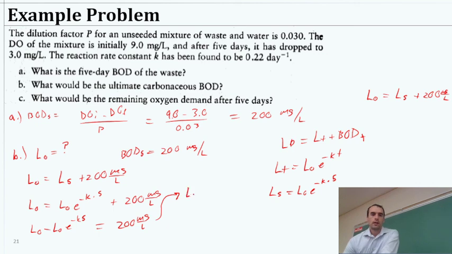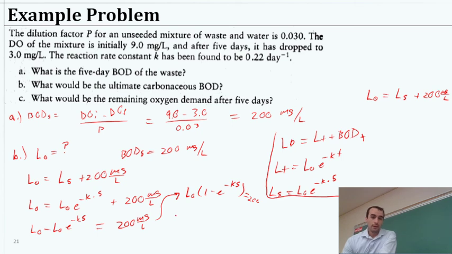So we can factor out the L naught to say 1 minus e to the negative k times 5 is equal to 200. I'm sorry for the mess here. Let me put some boundaries here.